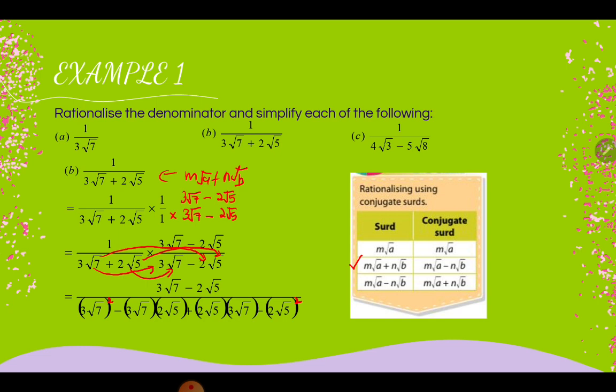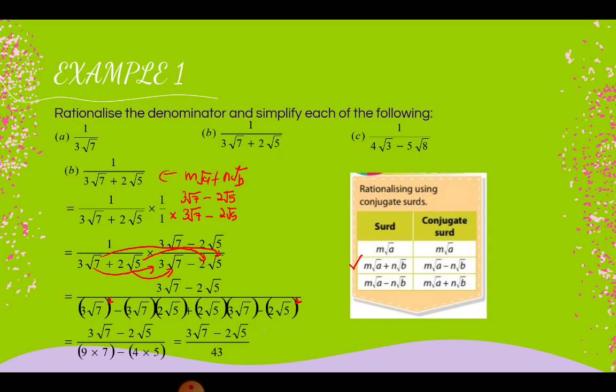Okay, then we solve. So we will have 3 surd 7 minus 2 surd 5 over 9 times 7 minus 4 times 5. So basically our answer would be 3 surd 7 minus 2 surd 5 over 43.